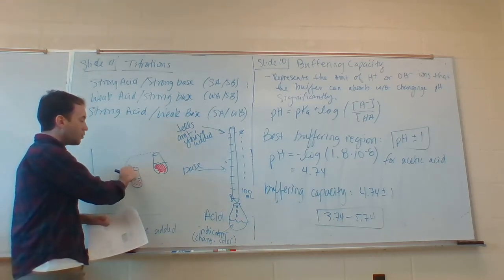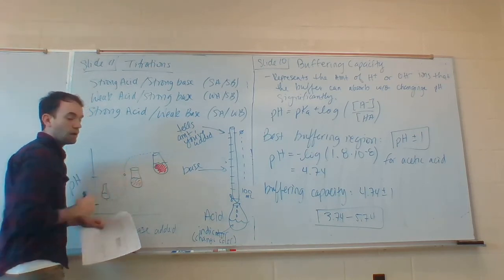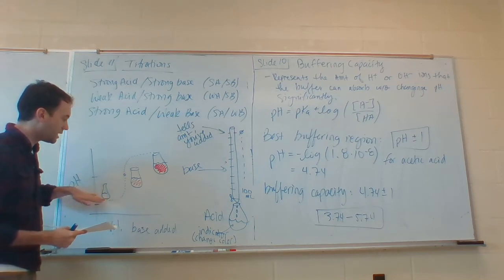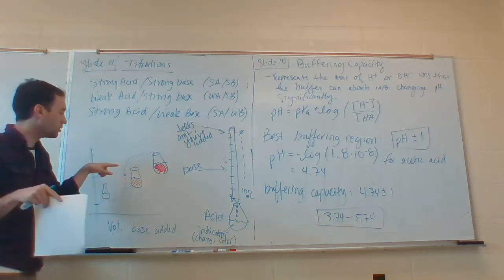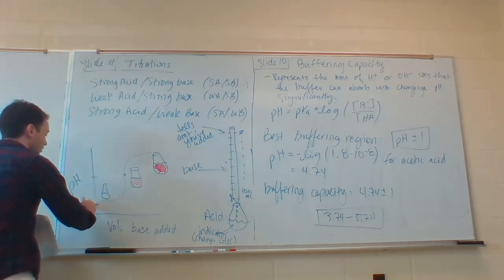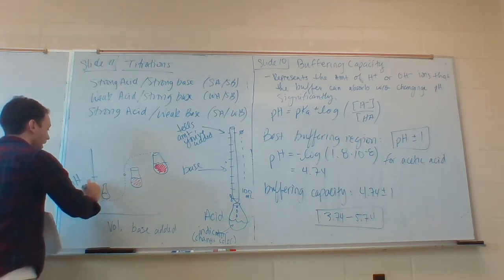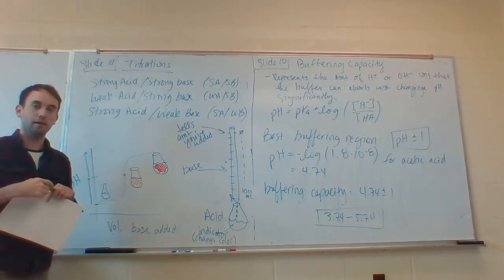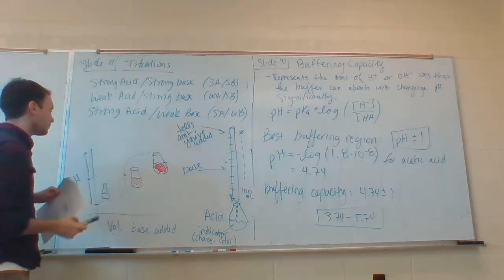So if we keep adding more and more base, our new solution is going to be basic. So before this point, it's acidic. At this point, it's neutral. And then after that point, it's basic. Again, because we start out with a low pH, acid up to neutral, and then beyond would be the basic.